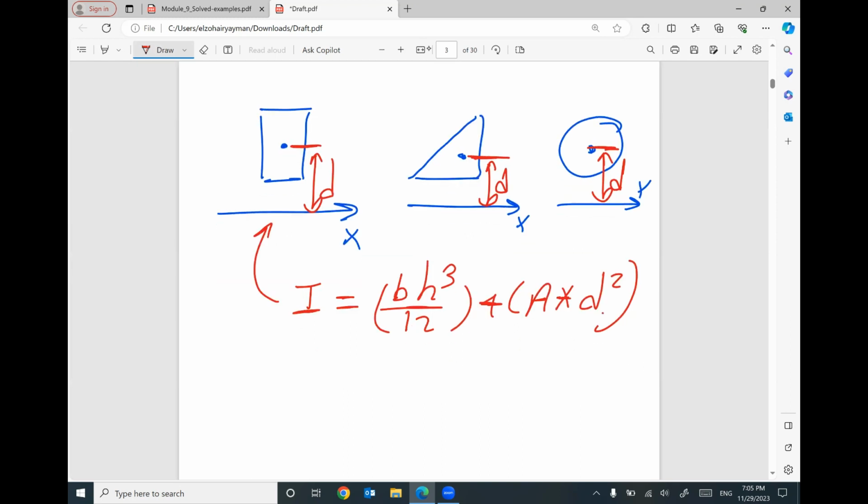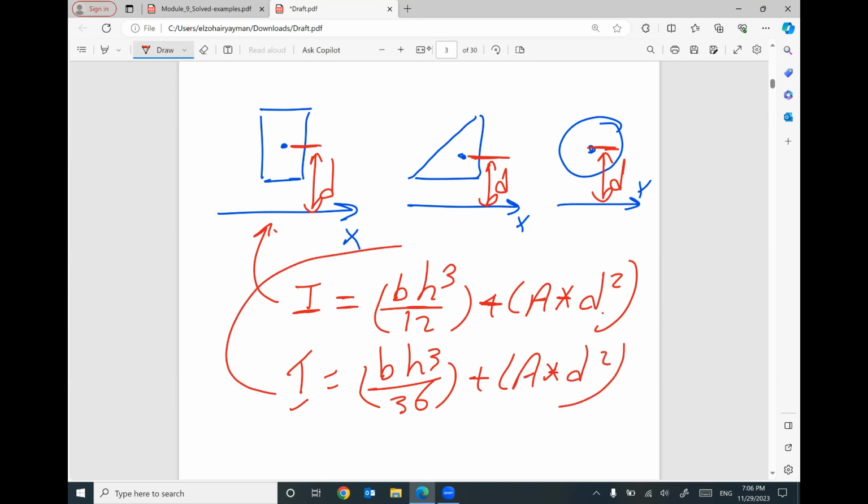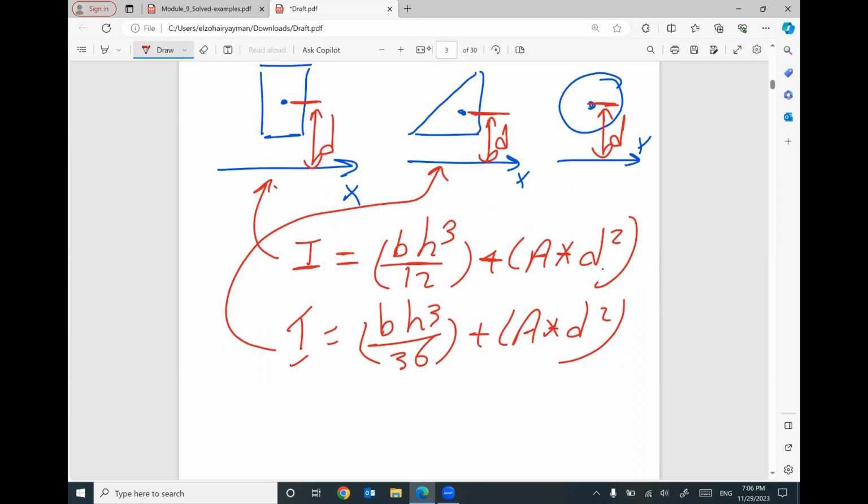This is for the rectangle. I equals for the right angle triangle BH cubed divided by 36. This is the first term plus area times distance squared. This is the case of the right angle triangle. For the circle, I equals pi r to the power 4 divided by 4. This is the normal term plus area times distance squared.